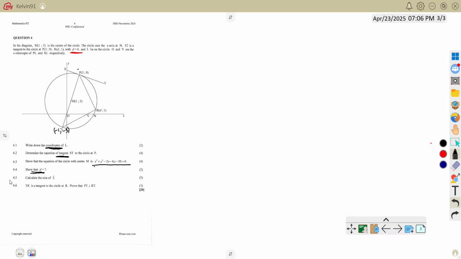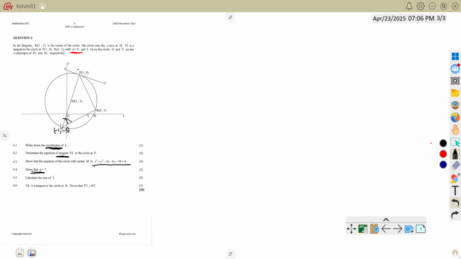Right, we are on question 4.5, and the question 4.5 is saying calculate the size of L. This is L, but if this is the angle that they are saying calculate, if you are to check, this L is in this particular triangle, and if you are to apply some theorems from Euclid, you see this is a diameter.